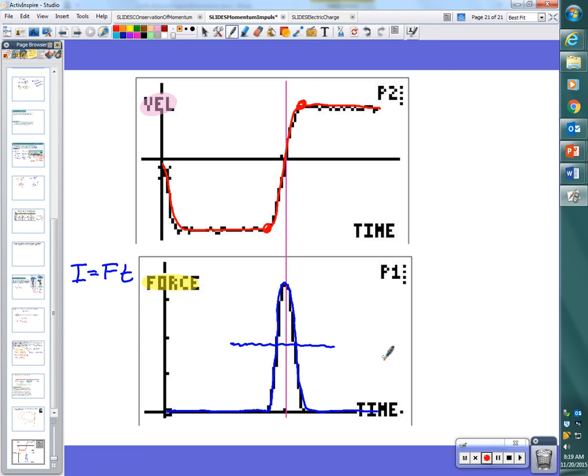Half the time it's below the average, half the time it's above. So that's a good approximation of what the force would have been constantly over time. I made that line a little bit too long; we should have gone from here to there. So all you did is you take the average, then multiply it by the time over which that average occurred, and you can get the impulse that way.